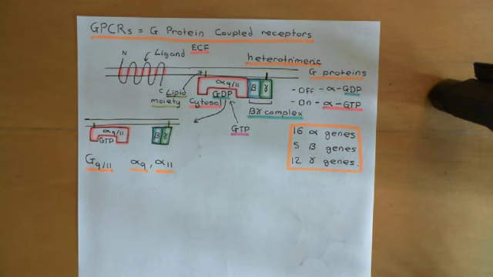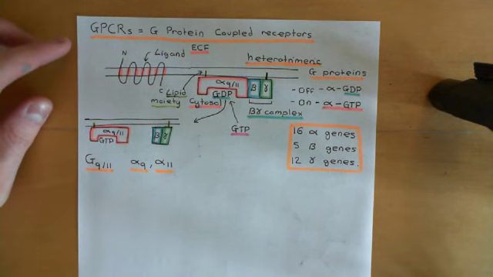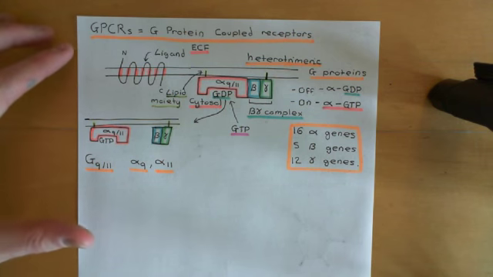So we want to follow the activation of these GQ/11 heterotrimeric G proteins. We need G protein coupled receptors that are capable of activating heterotrimeric G proteins with these alpha Q/11 subunits as their alpha subunit.